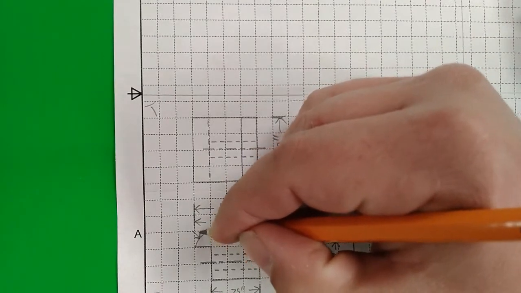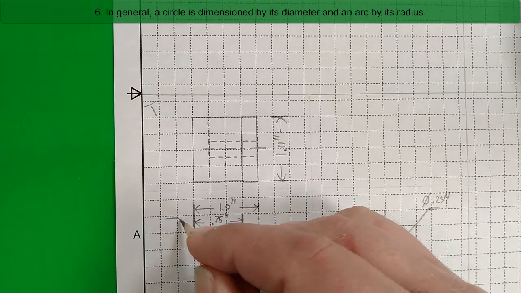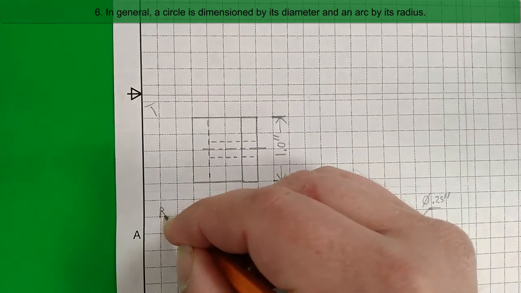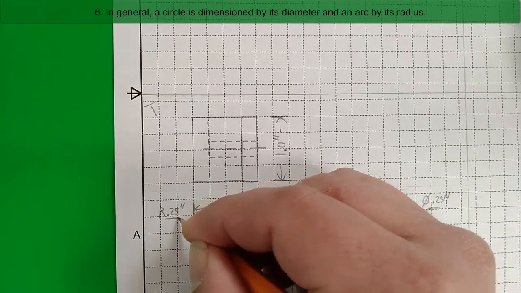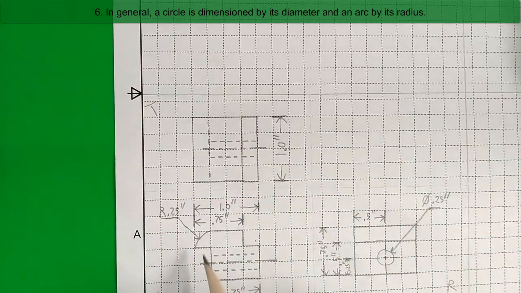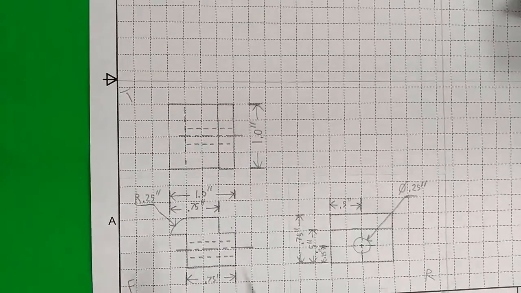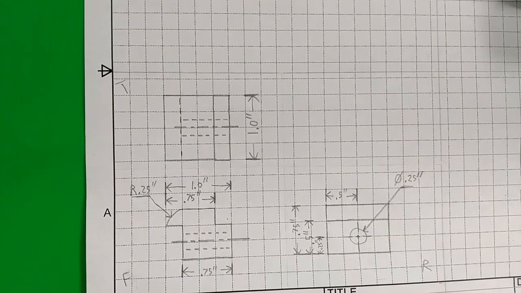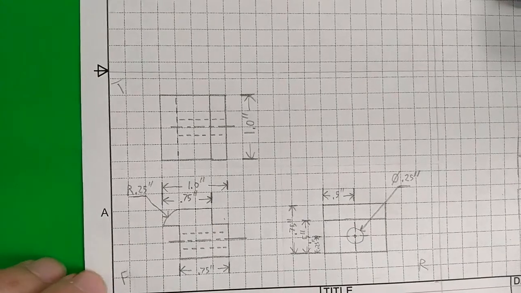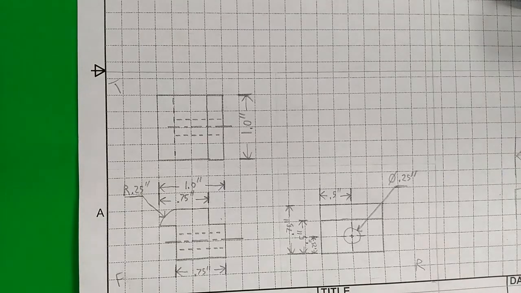So I'm going to draw that arrow up, draw my mark, and I'm going to use a symbol of R to represent the radius. So we're saying that the radius of this curve, if it was drawn as a full circle, is 1/4 inch. And since that's the side that best shows it as a curve, that makes the front view the most appropriate place to put that. And this would be a method for dimensioning a multi-view sketch.